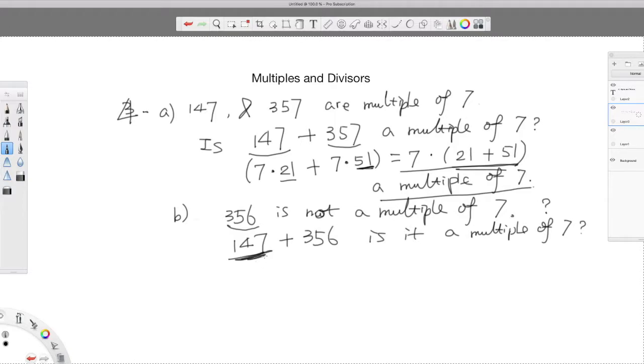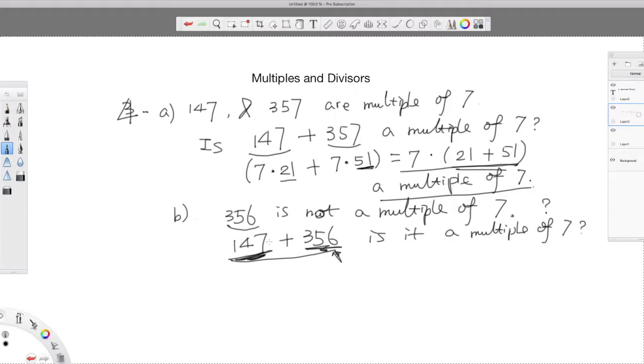By definition, this can be written as 7 times something. But this, you cannot write as 7 times something. This is going to be 7 times something plus a remainder. So the whole thing will be written as 7 times something plus that remainder. That remainder never can be cancelled out with anything here because this guy does not have any remainder. So this is not a multiple of 7.